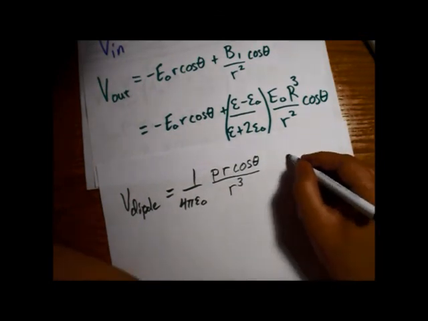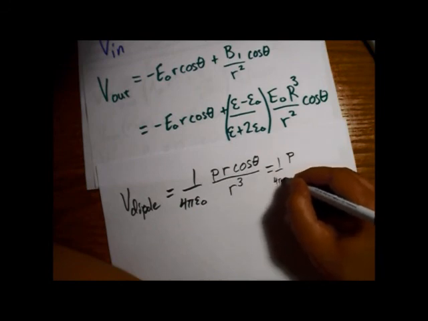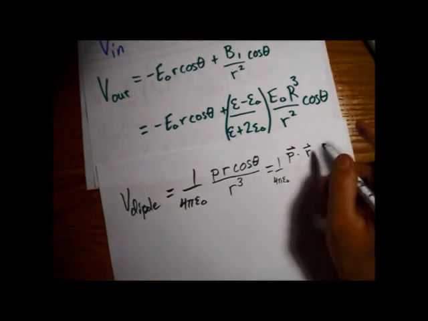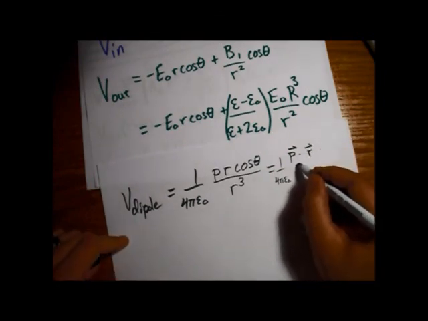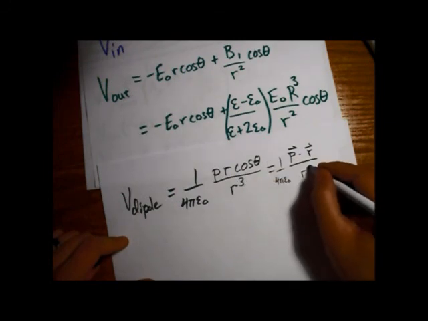Or you can write this as 1 over 4 pi epsilon naught p dotted into r hat over r squared.